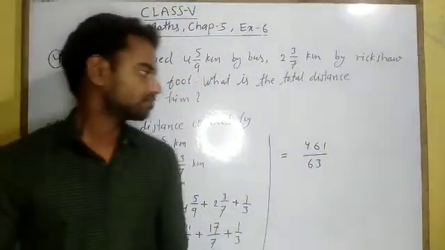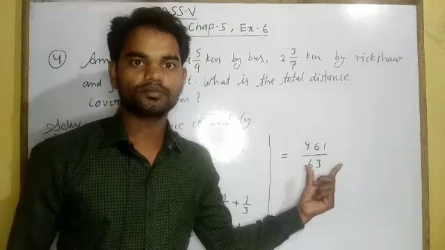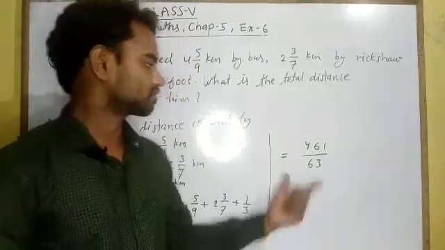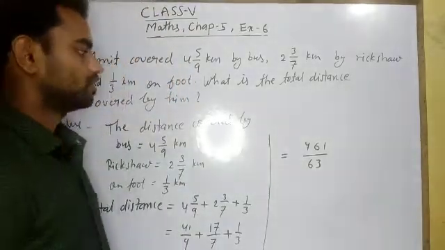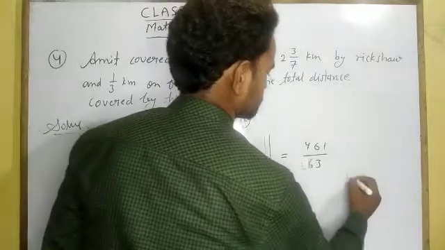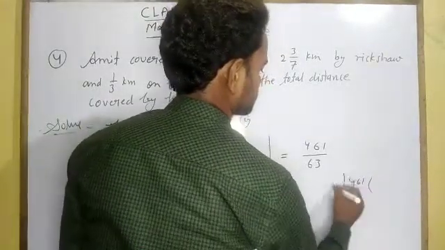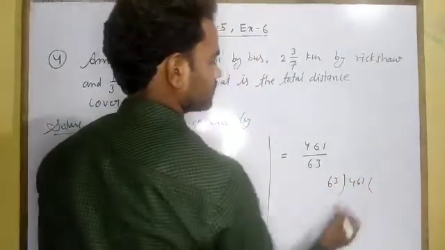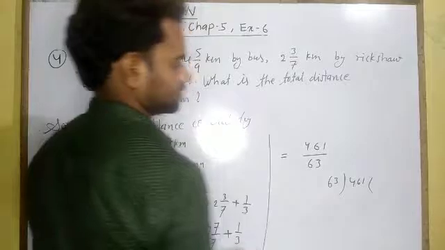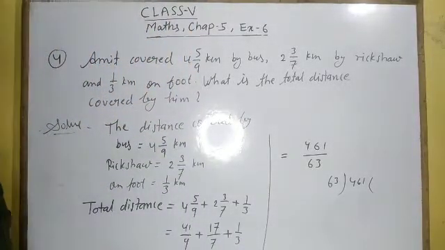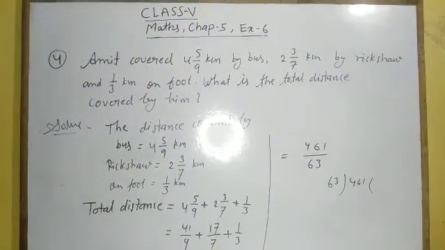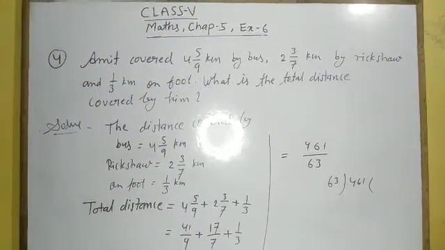This is the answer, but it is in improper form, so convert this improper form into mixed form. 461 will be divided by 63. 6 times 4 is 24 and 7, guess by which number it is divided.